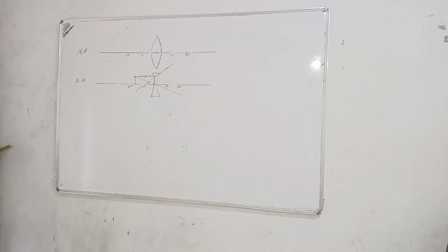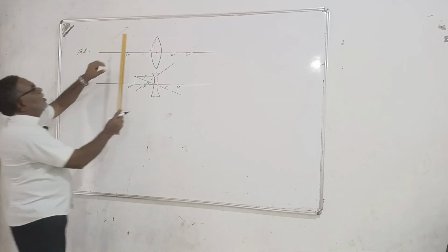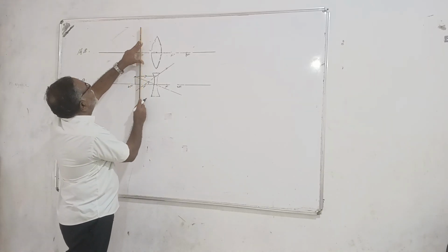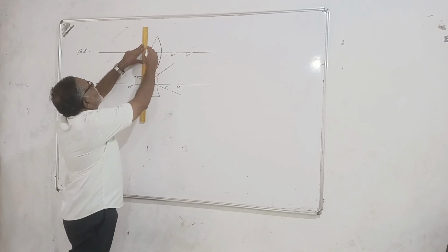Question A. Where should an object be placed in front of a lens used as a magnifier to see an enlarged erect image? Draw the ray diagrams of the image formation. So if you want to see an enlarged erect image, you have to keep the object in between the focus and the lens here, in a convex lens.